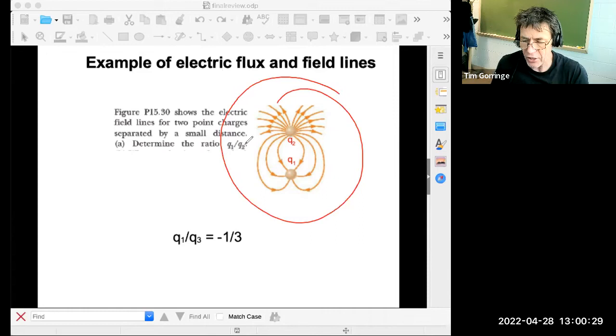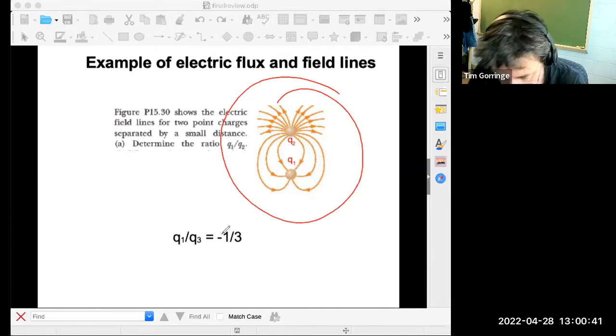Now that ratio has a magnitude to it that depends on the sizes of the charges, but it also can have a sign to it, depending on whether the charges are like charges or unlike charges. So the key point here is that charges are a source or sink of flux. And the amount of flux, or the number of field lines coming from a charge, is in proportion to the amount of charge.